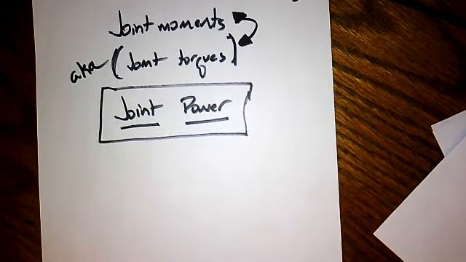So this becomes a really interesting and important parameter to understand, because now we're looking at what's happening at a specific joint. So if we're looking at someone cycling and we calculate the joint powers at the ankle, knee, and hip, we may be able to tell a movement strategy of that person is they are knee dominant, right? Meaning that they're generating most of the power at the knee joint to propel the bike forward.